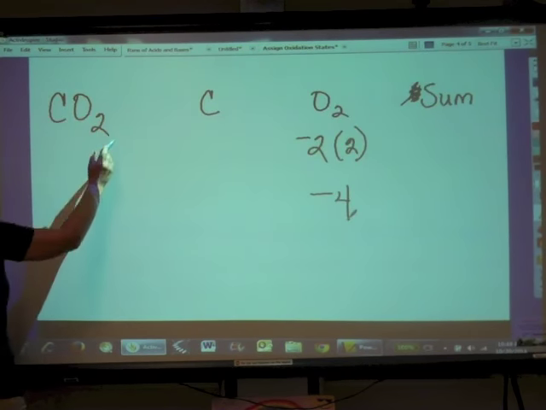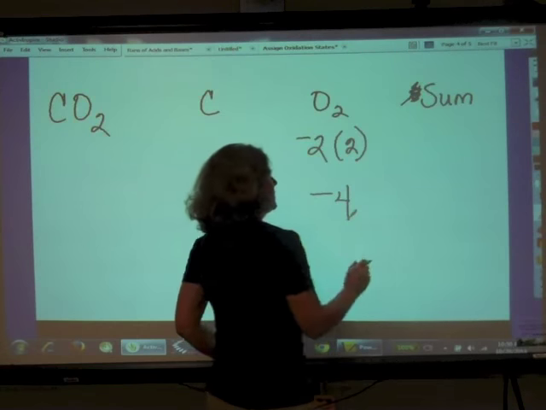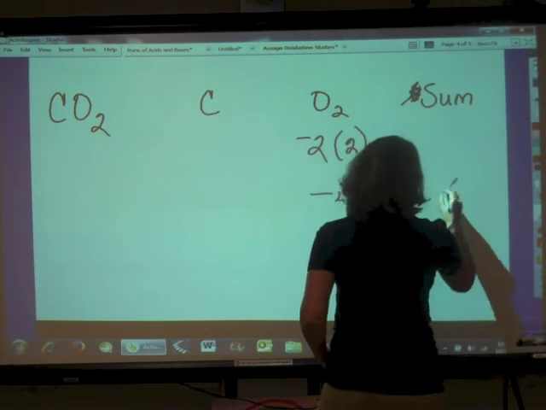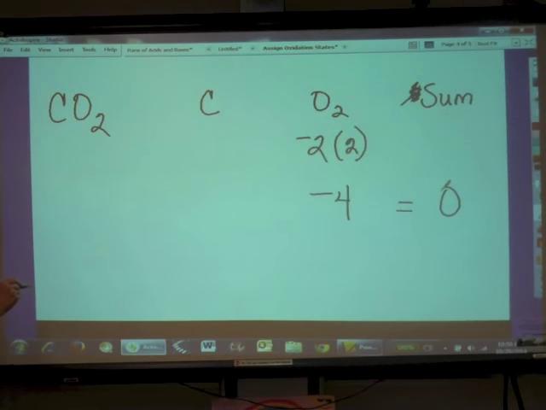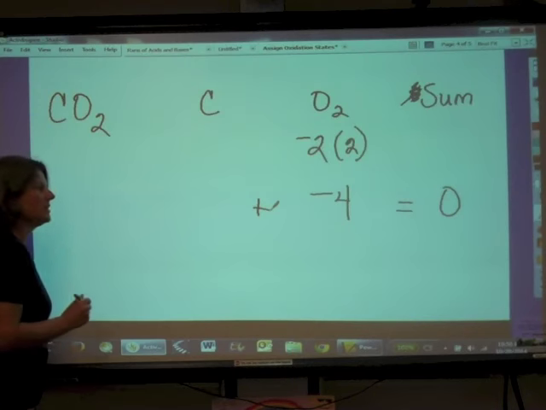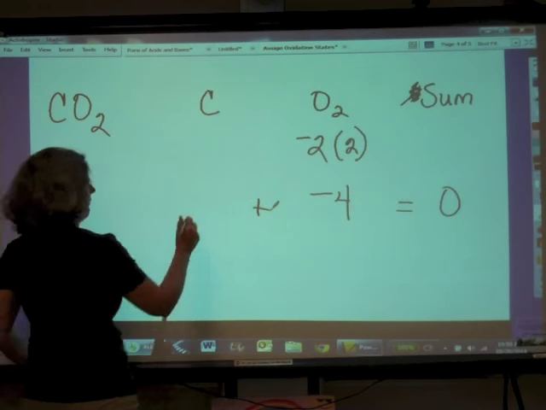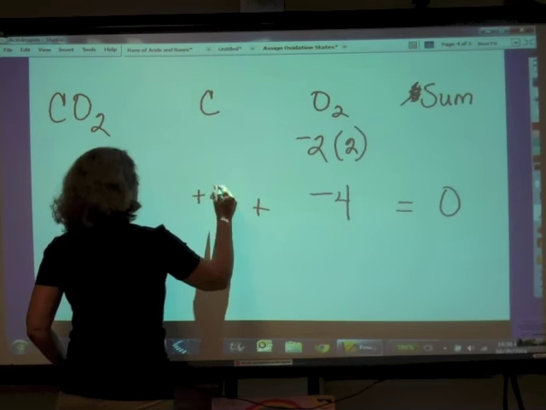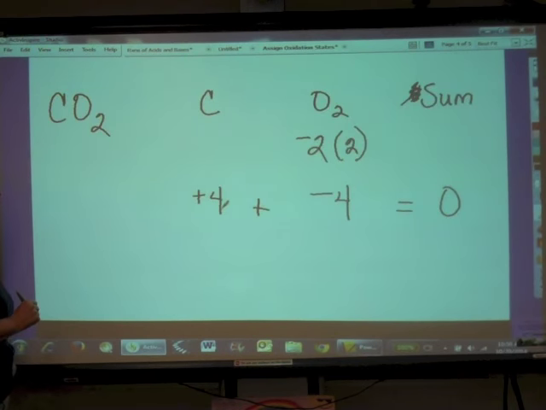Okay, this carbon dioxide is a neutral compound. So my sum has to equal 0. What number plus -4 equals 0? Positive 4. So that is the oxidation state of carbon.